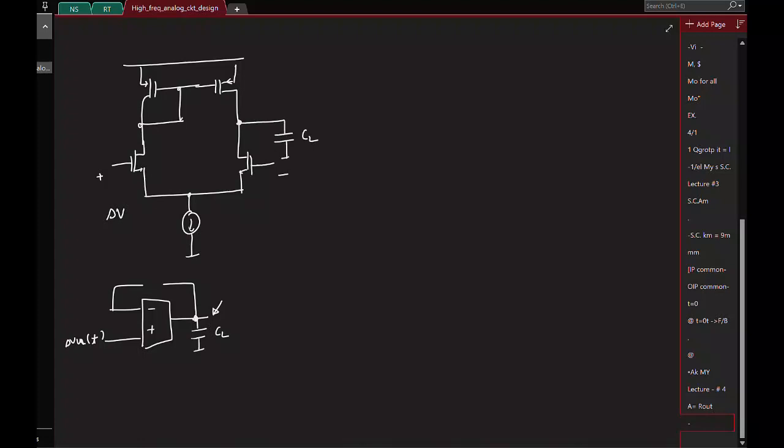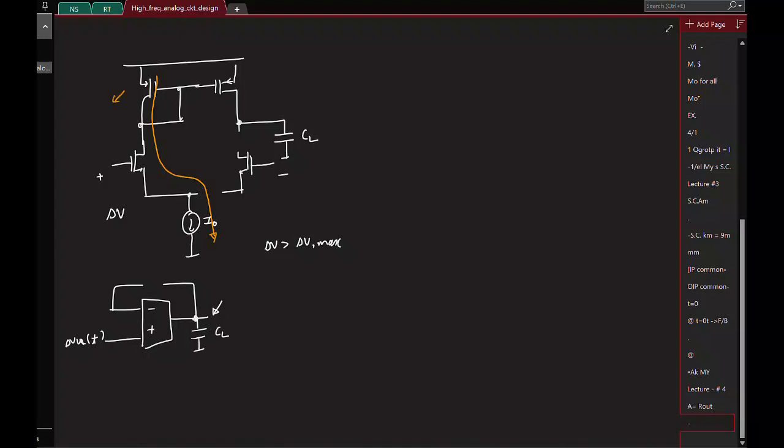And we'll have the capacitor, and we saw that for delta V greater than a particular delta V max, this tail current I naught gets completely steered to one of the branches, and say this guy gets completely cut off. So the current I naught flows like this.